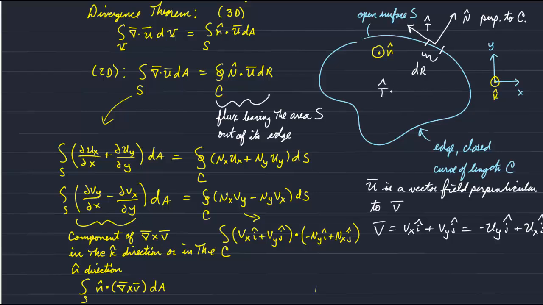So t hat is equal to minus ny in the i hat direction plus nx in the j hat direction, right? If this were nx and this were ny, then the x and y components of t hat would be switched. They would be functions of nx and ny, but switched as I've shown here.